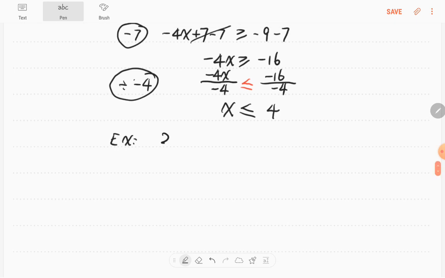So this time, in this inequality, we know first we should use the distributive rule.